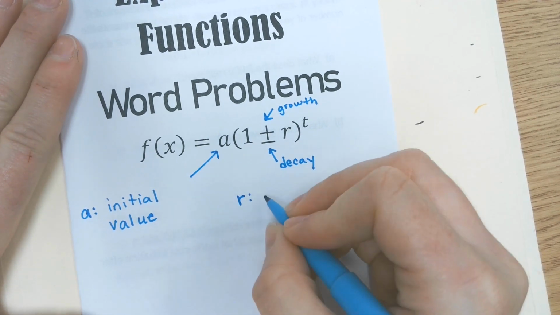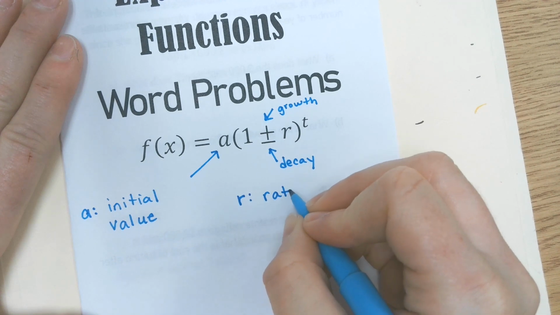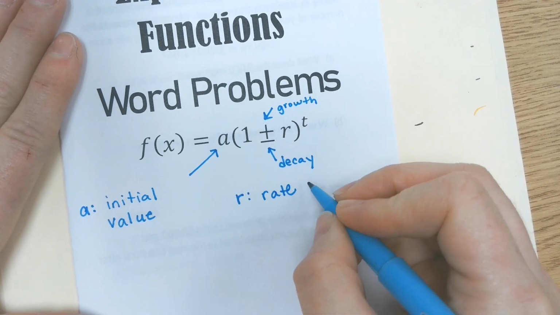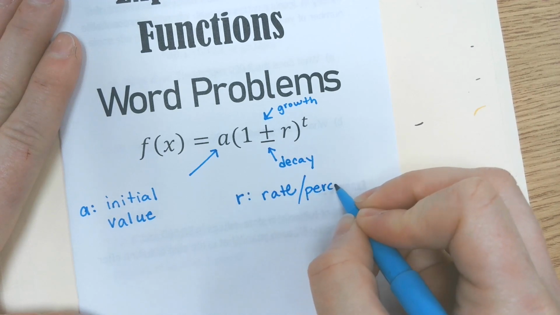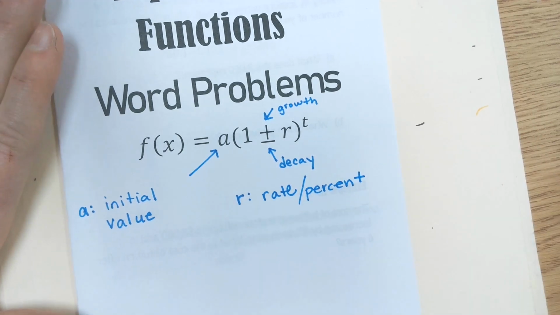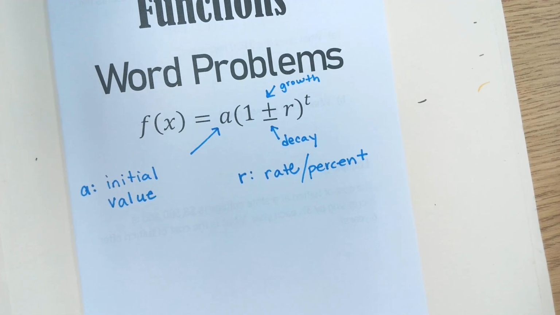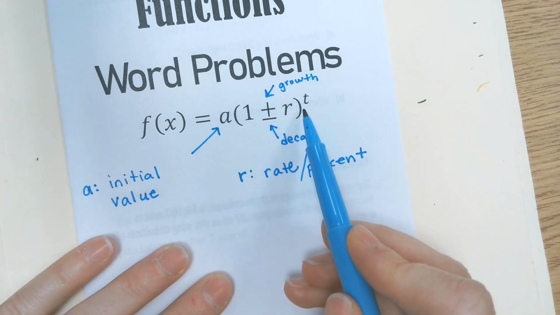R is going to be the rate or percent. You'll write it as a decimal though. And the growth or decay factor is going to be what this is.